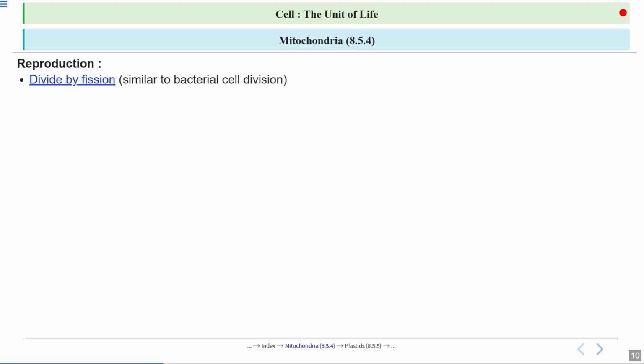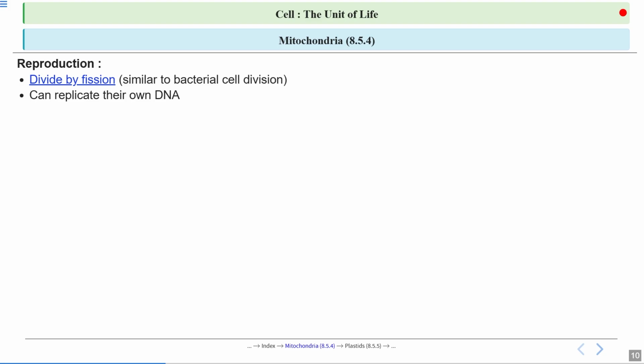So we have a lot of proof that mitochondria was once a free living prokaryotic cell or prokaryotic organism, which was engulfed by the eukaryotic cell. Clear?